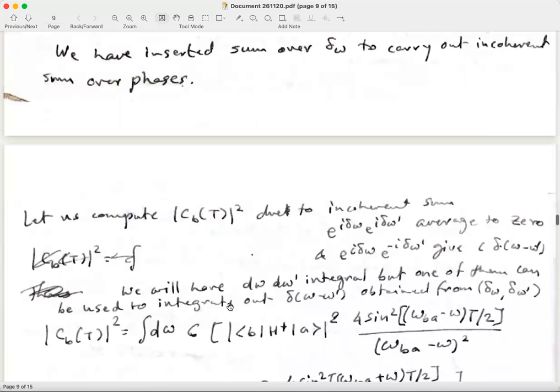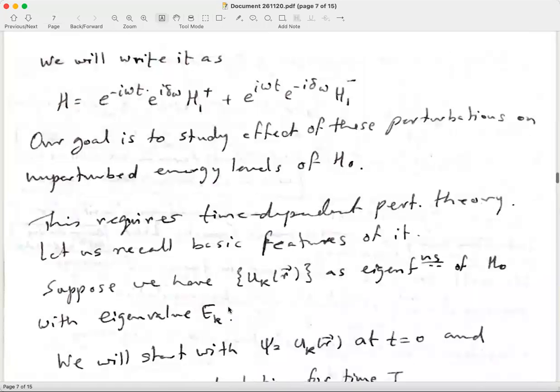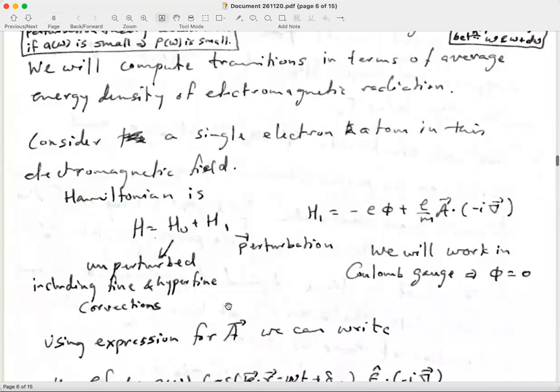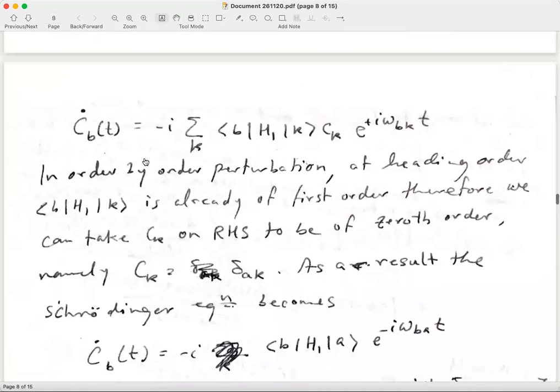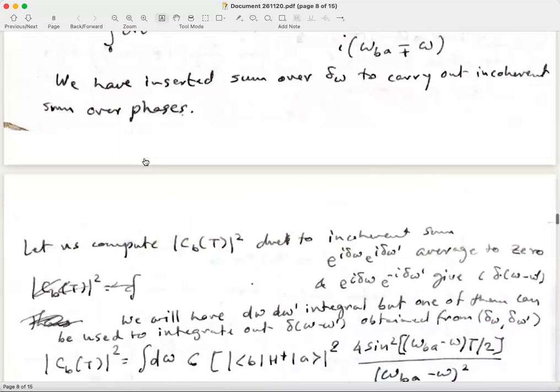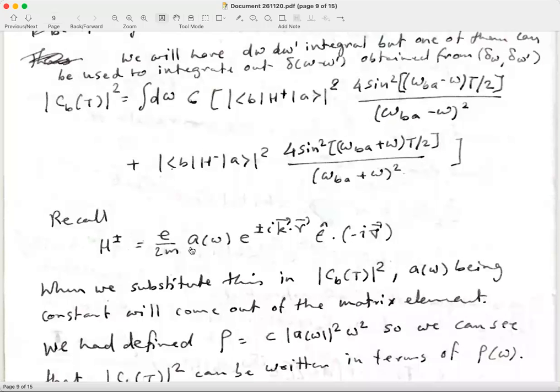So let's go back and look at the way rho was defined, which was the energy of the electromagnetic radiation, omega squared mod A omega squared with c by 8 pi. You will see many of those factors coming out inside this expression. You have a factor c sitting around here, and A omega is sitting inside this, which, of course, when you pull out of this mod square, you'll get a mod A omega squared factor.